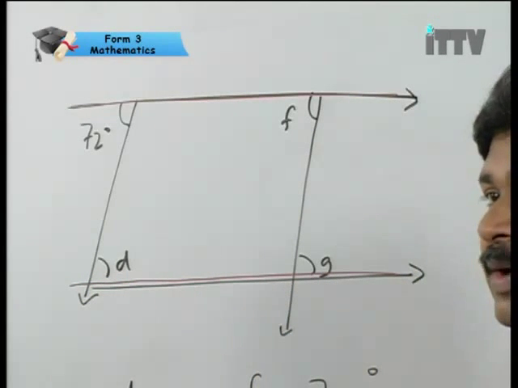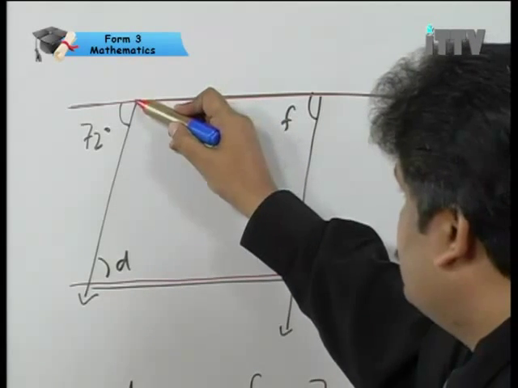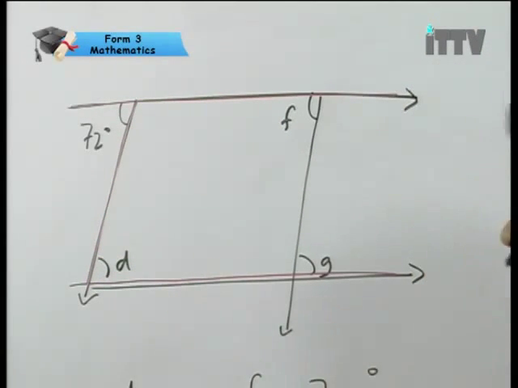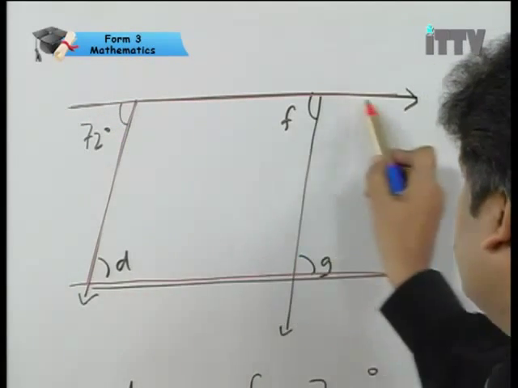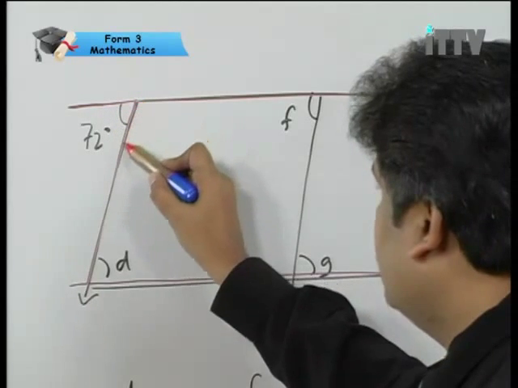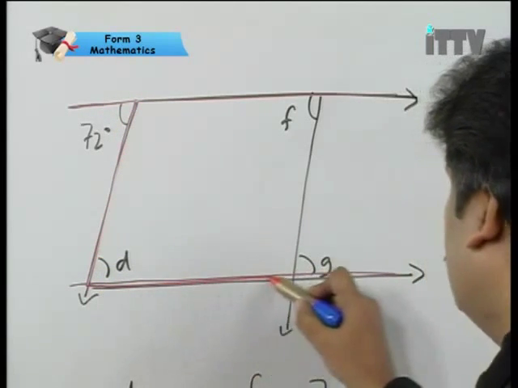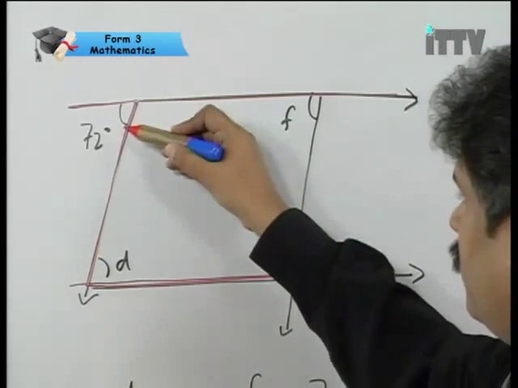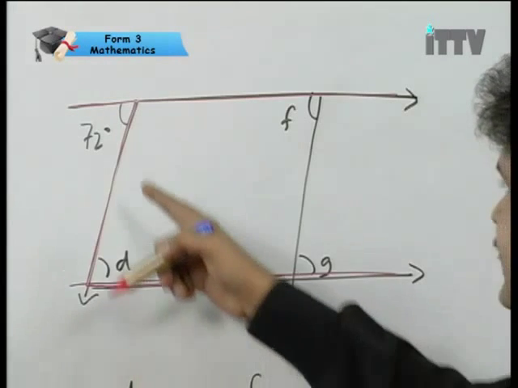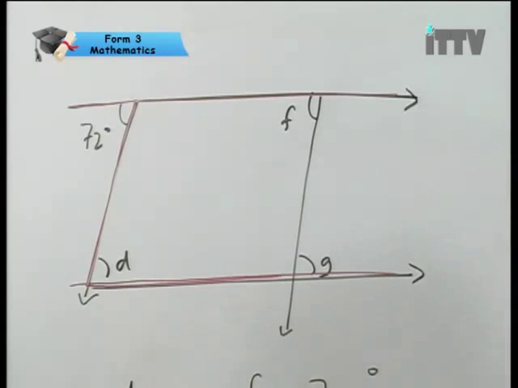Next, I just draw another line here that is known as a transversal. Now, if you look into this pattern, I find that it looks like a Z. It looks like a Z. So therefore, D is actually an alternate angle to 72. Therefore, D is equivalent to 72. That is how I obtain D.